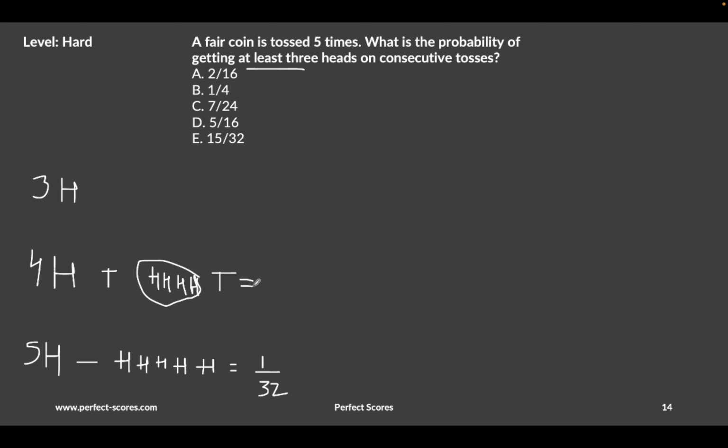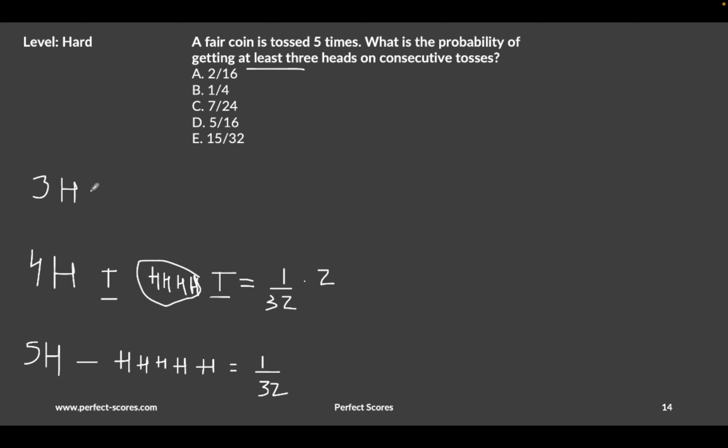Now we're talking about the arrangement here, right? So you got 2 different positions for the tail. So that's going to be the same 1 by 32, which is the probability of head, head, head, head, tail, so 1 by 2 multiplied 5 times. But you got 2 arrangements here, so that actually becomes 2 by 32.